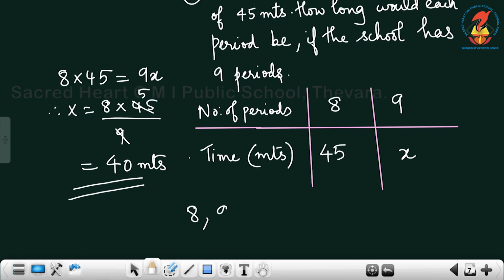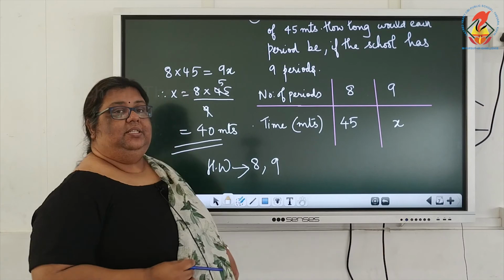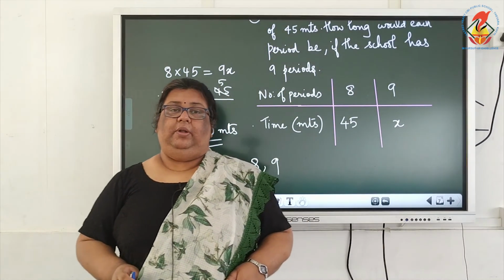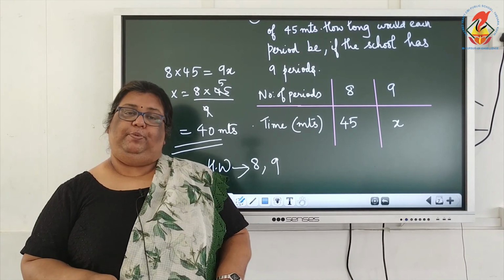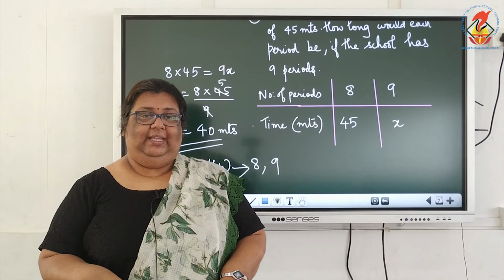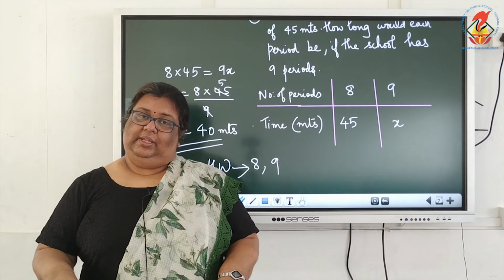Question number 8 and question number 9 are your homework questions. In this chapter we are learning about direct and inverse proportion. What is meant by a direct proportion? If one quantity increases, the other quantity also increases.